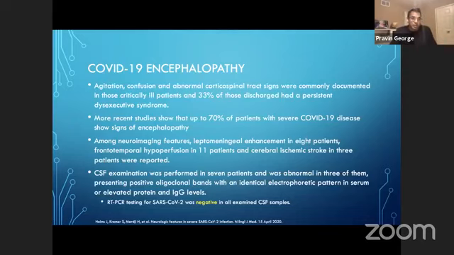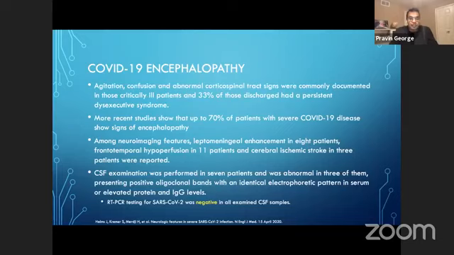initially in about 33% of patients, and they had this persistent executive syndrome. More recent studies are now showing that up to maybe 70% of patients with severe disease are showing some signs of encephalopathy. When these patients are imaged, and again, prior studies did not have extensive neuroimaging because it was just too much of a risk to take these patients down for MRIs and other studies.